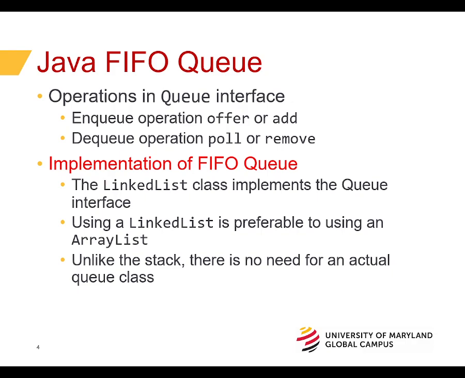Although we have provided 3 possible implementations for the purpose of comparison, Java only includes one implementation. It is the linked list class, which implements the queue interface. It is similar to our linked queue implementation, except it uses a doubly linked list.